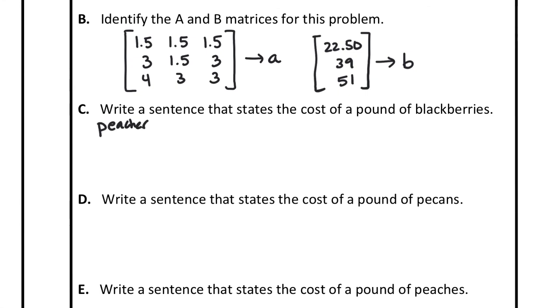Actually, let me write it out as a formula. So for peaches, it gave me 6. For the pecans, for the nuts, it was 4. And for the blackberries, it was 5.